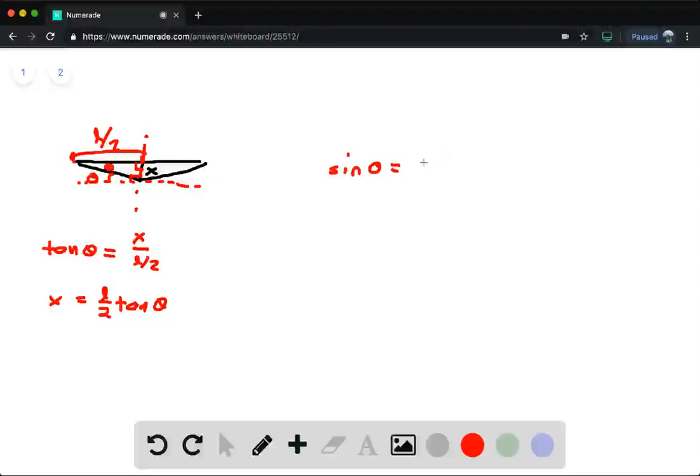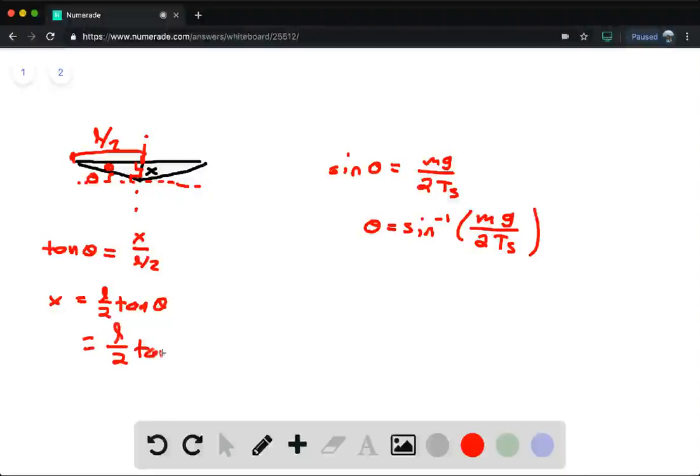Sine theta is mg over 2 times the maximum safe tension, which is what we're considering when we want to find the x value. So theta is the inverse sine of this quantity. We know m, g is the acceleration due to gravity, and we're told TS. Then we can find x by plugging that value of theta into this equation, which we found from the geometry.